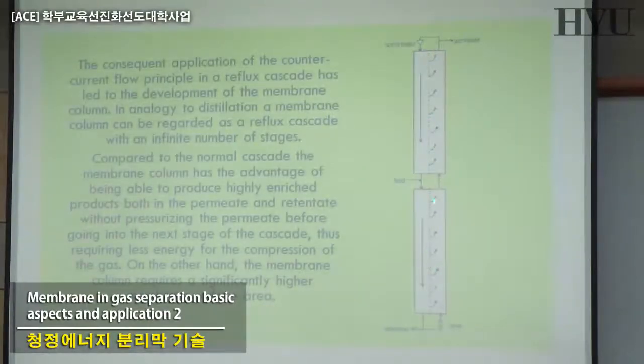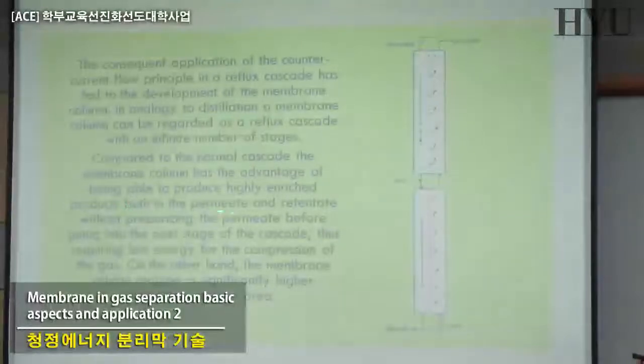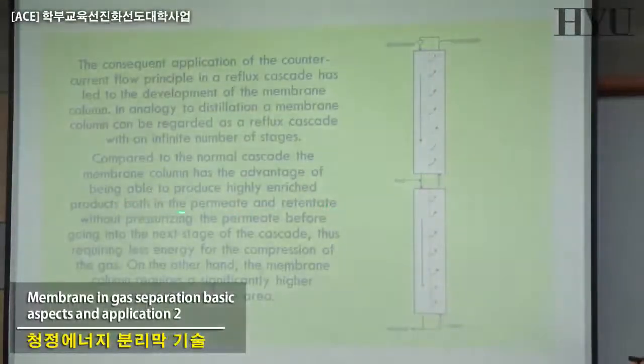You can just combine these two, and now compared to the normal cascade, we have a membrane column with the advantage of being able to produce highly enriched products in the permeate and in the retentate without repressurizing, which is what we have to do in the previous flow sheet before going to the next stage of the cascade.